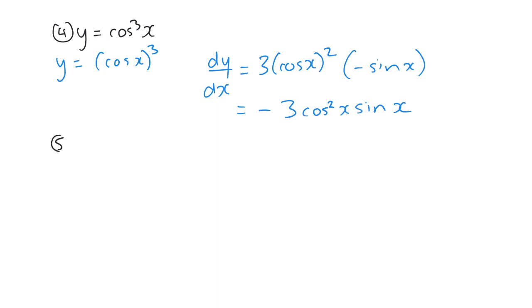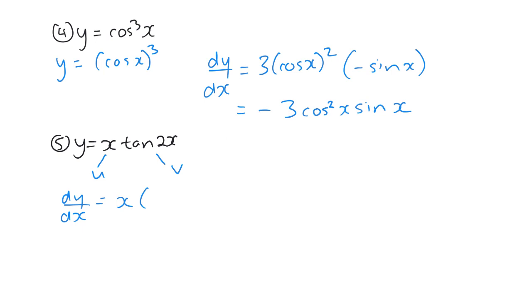Our fifth one then, y equals x tan 2x. Now this is a product, so that's our u and our v. So we'll have to use the product rule then. So x times the differential of tan 2x.